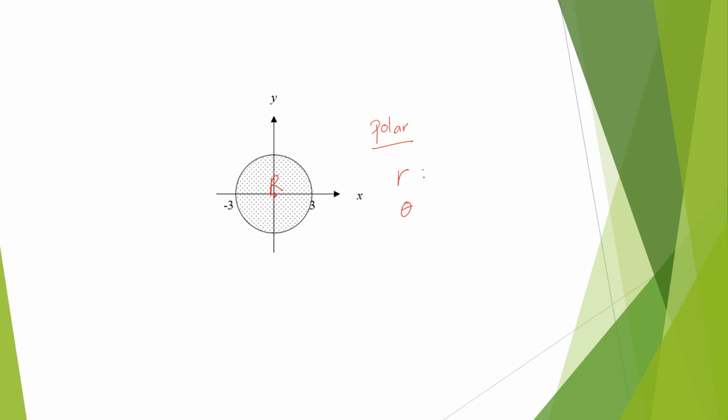Our r is from 0 to 3, our radius, and theta goes from here to here, which is 0 to 2 pi.